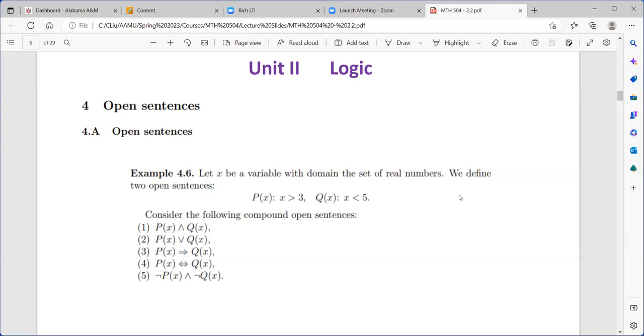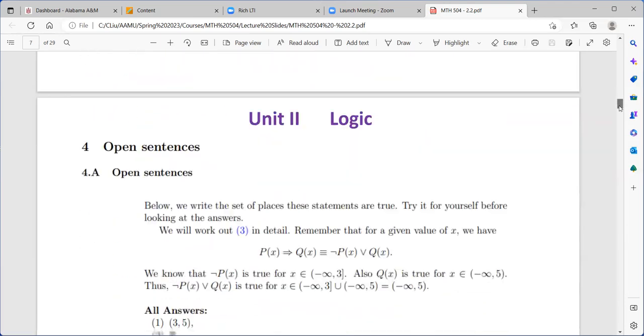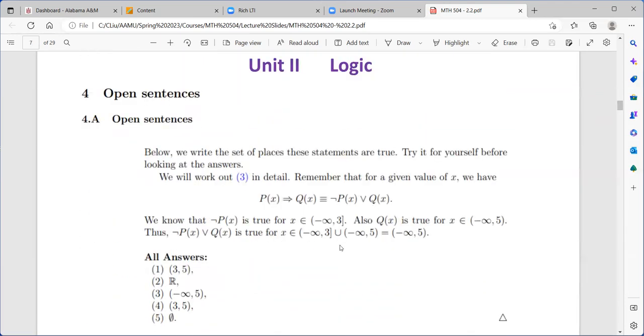All right. For the compound open sentence to be true in number 4, you have to do both of them, take the intersection, and it turns out the answer is from 3 to 5.